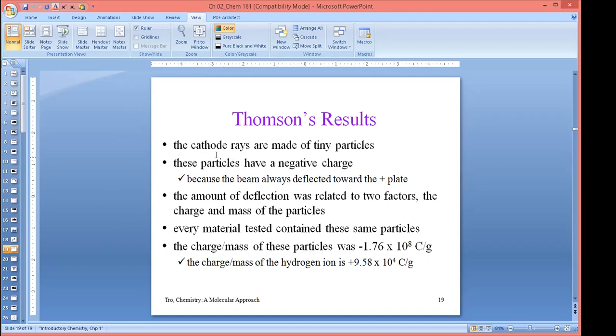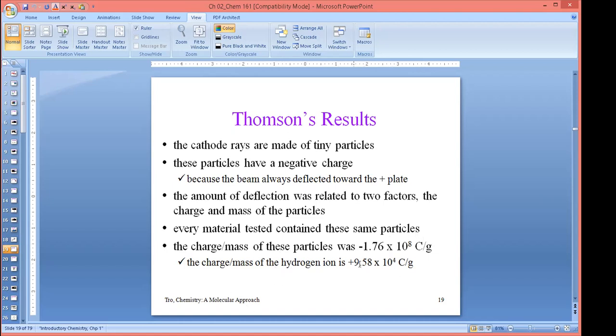So tiny particles, the cathode rays, they noticed electrons have negative charge. The beam always went to the positive plate, and they knew the deflection depended on two factors, charge and mass. Every material they tested contained these same things. We know them as electrons, and they found them to have this ratio.